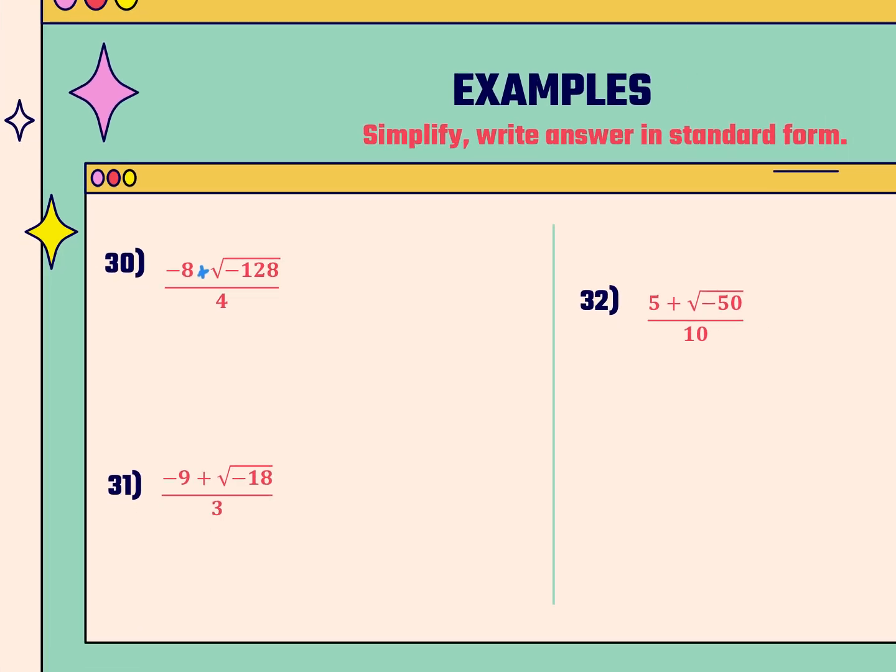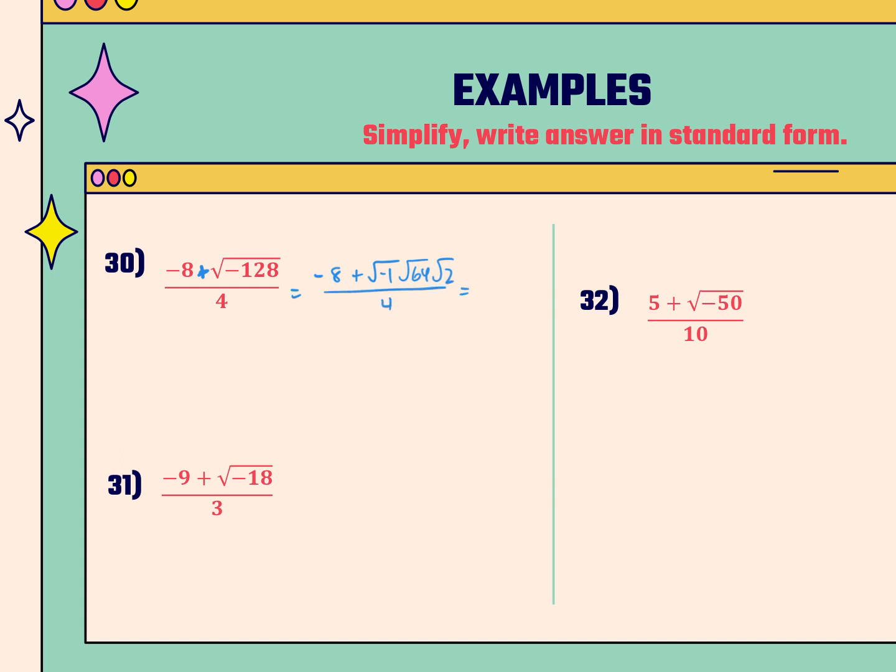So if I get here, -8 plus the square root of -128 over 4, the first thing I have to do is simplify that radical at the top. That radical I know can break down into -1, 64, and 2, and I still have my denominator of 4.